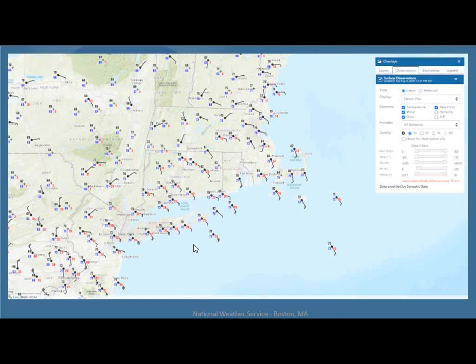The blue is dew point, and the red values are the wind gusts. And you can see some stronger wind gusts as the storm lifted north towards the mid-Atlantic states. And unsurprisingly, the dew points were in the low to mid 70s.